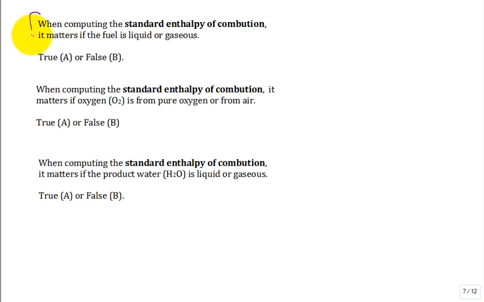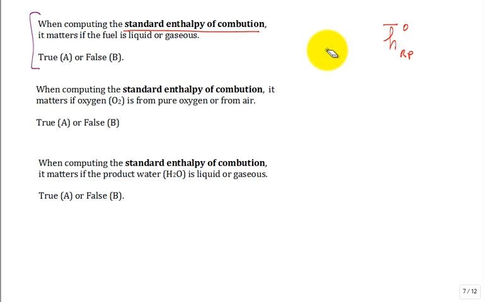The first clicker question is when computing the standard enthalpy of combustion, whenever you have a word like this, it's brand new in engineering, you think, what symbol was that for the standard enthalpy of combustion? Was that symbol, Q dot divided by N dot F? No. It's this.